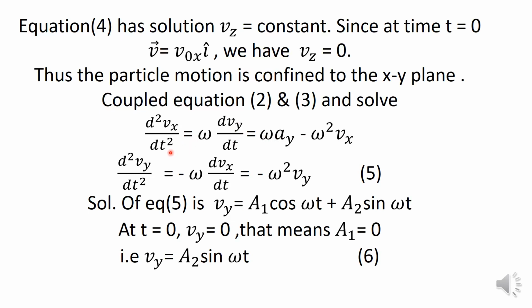Similarly, if we differentiate the equation for dvy/dt, we find d2vy/dt2 is equal to minus omega into dvx/dt. After putting the value of dvx/dt, we find minus omega square vy.